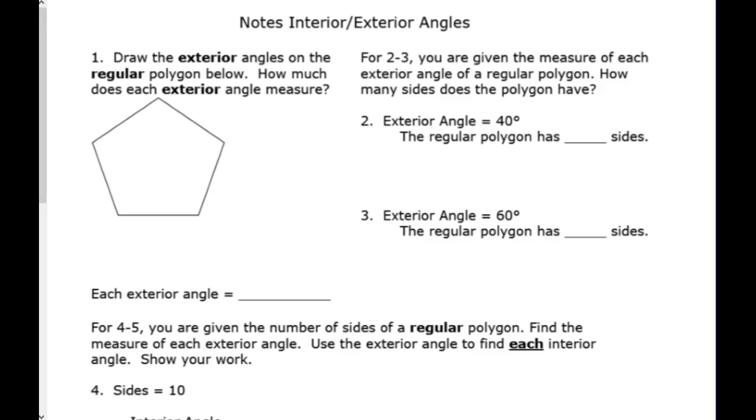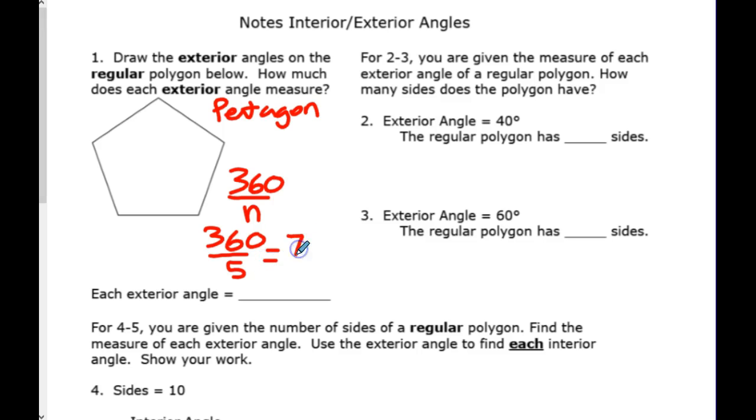Number 1, a five-sided figure. Pentagon. So for our pentagon, we want exterior angles. Each exterior angle is going to be 360 divided by n, right? So 360 divided by 5 is going to be 72 degrees.